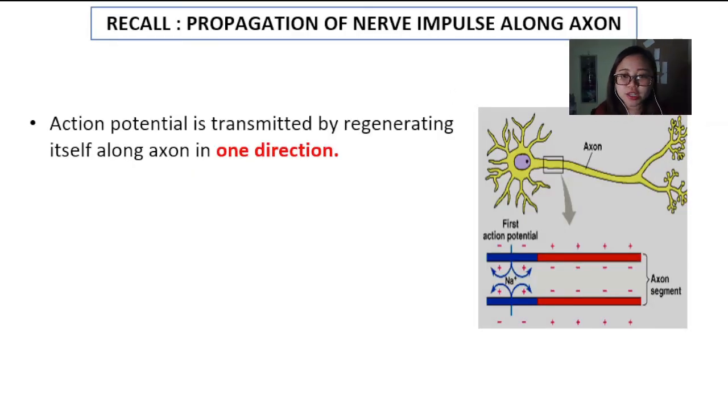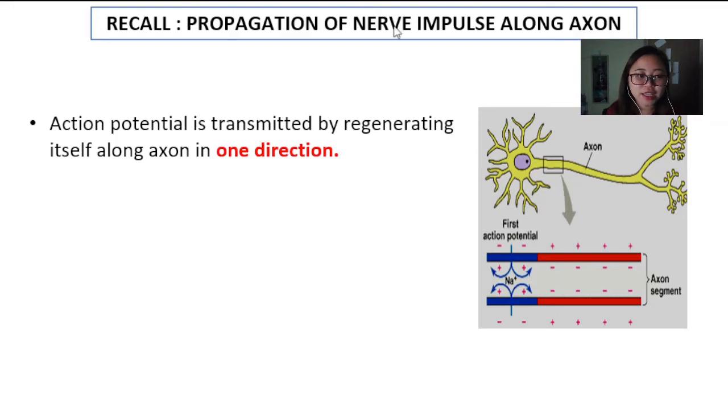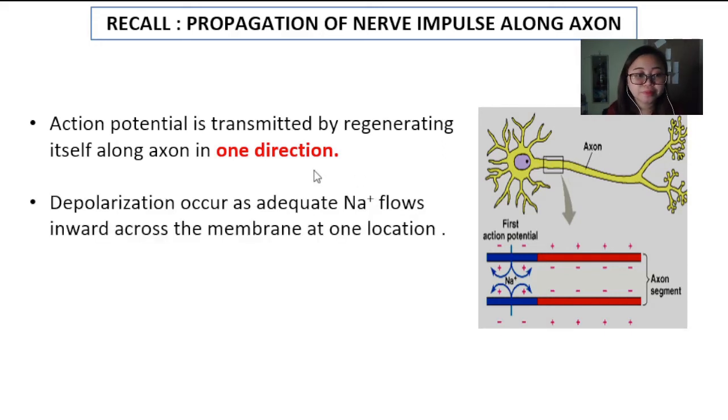Action potential is transmitted by regenerating itself along axon in one direction. So action potential menjana action potential yang seterusnya dalam satu arah. Depolarization occur as adequate sodium ions flow inward across the membrane at one location.